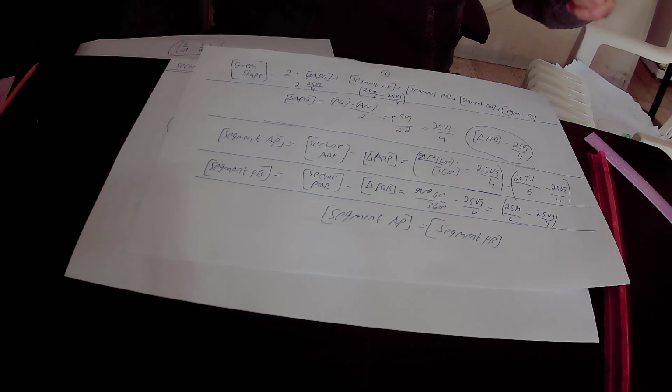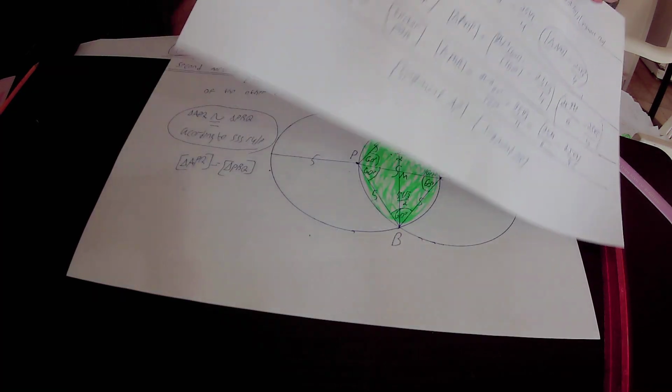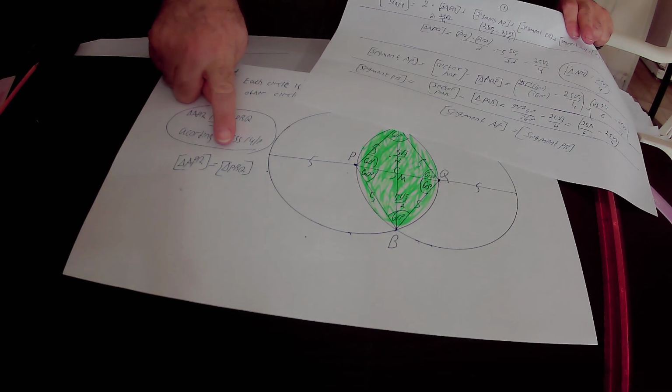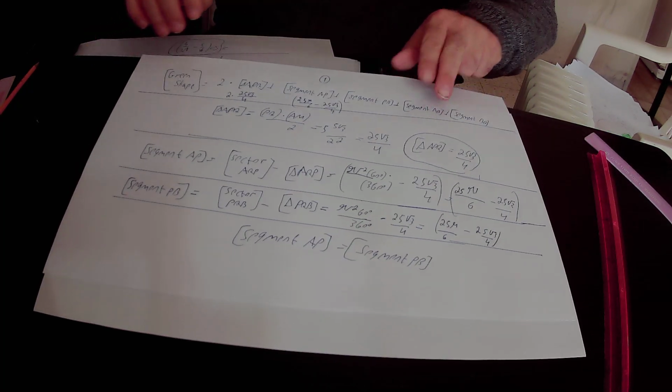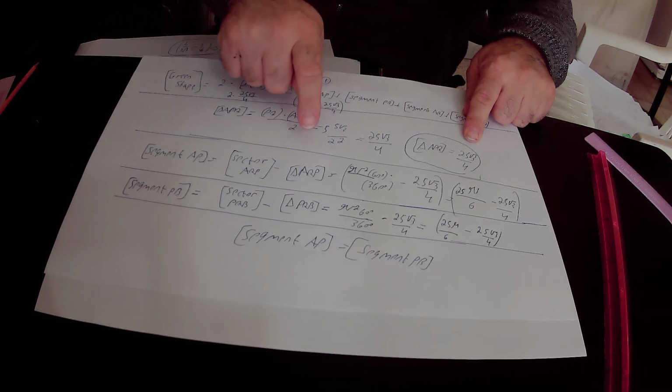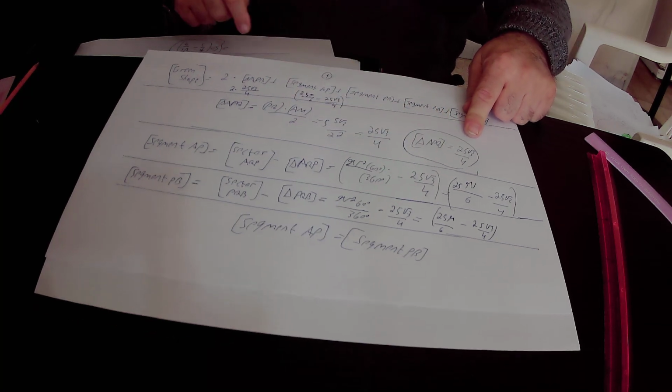And the area of triangle PQB is equal to the area of triangle PQA. Therefore, the area of triangle PQB equals 25 times square root of 3 over 4.